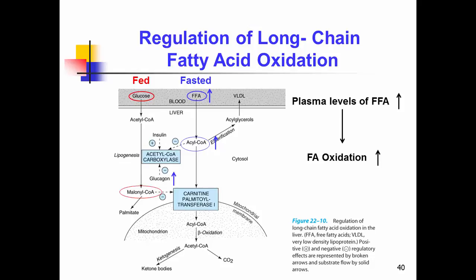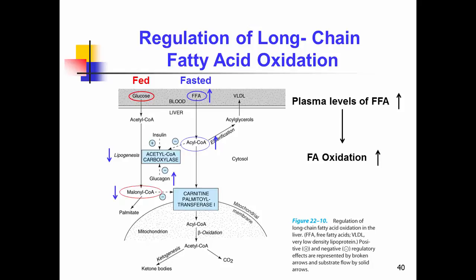So under the fasting condition, we have higher long-chain acyl-CoA levels and higher glucagon levels, and these two factors drive inhibition of ACC. So we have lower ACC levels and lower lipogenesis under the fasting condition, right?